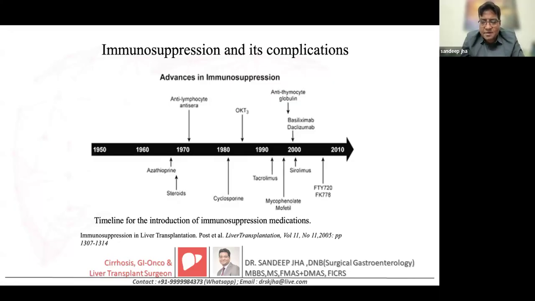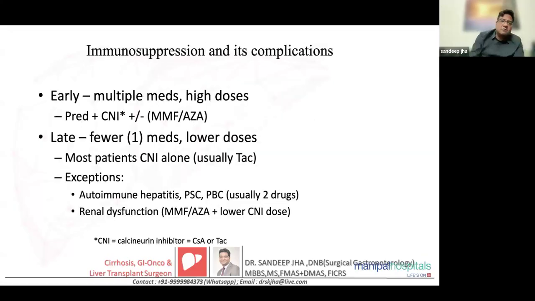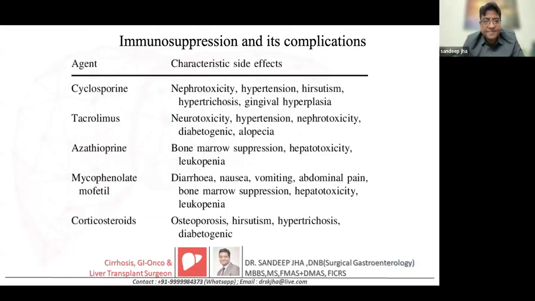Immunosuppression is given in these patients because when we do a living donor transplant, the body itself will reject the liver, and these patients require immunosuppression to make the graft survive.